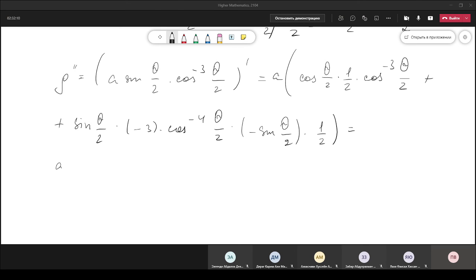A. Then maybe I take 1 over 2 out of the bracket. And cosine times cosine to the power of minus 3 is cosine with power minus 2.